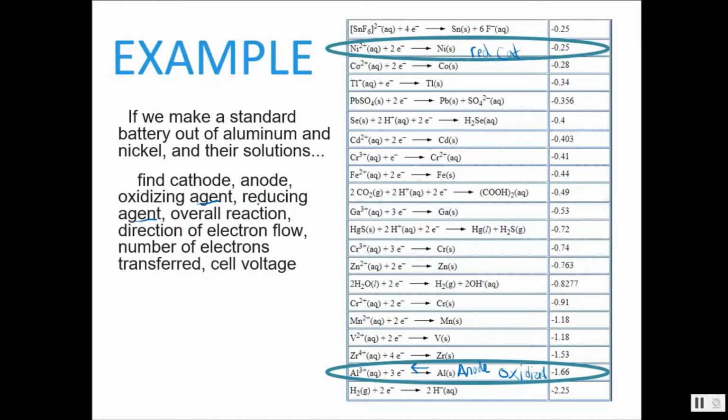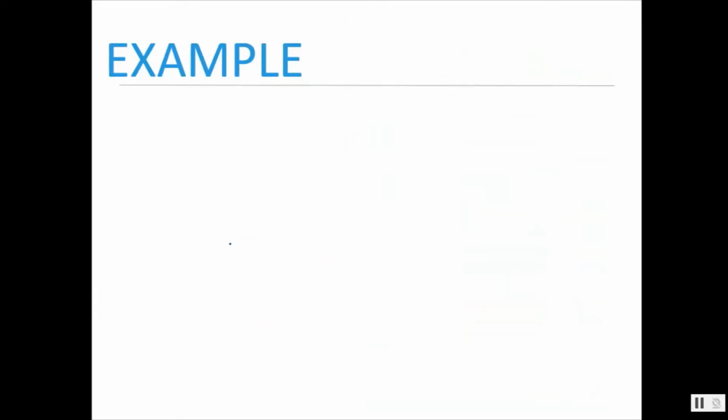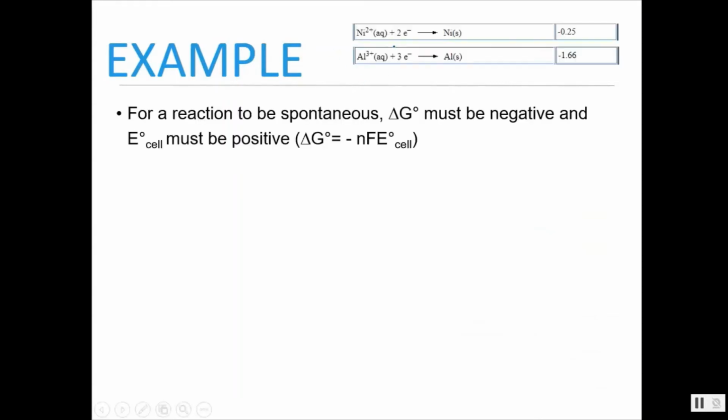What is oxidized is causing something else to be reduced, hence we call it the reducing agent. We're also going to be able to write the overall reaction, determine the direction of the electron flow, the number of electrons that are transferred in this redox reaction, and our E naught of cell, so the cell potential or the cell voltage. So first, again, I'm just going to copy down those half reactions from the table.